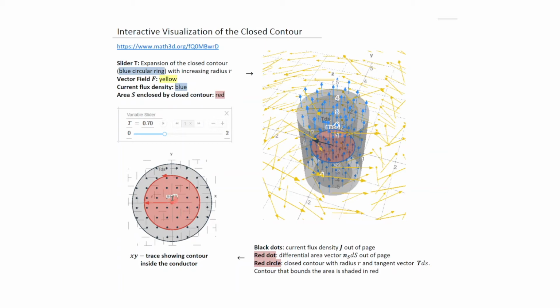So in this case, we would choose n ds to be in the same direction as J. If n ds is in the same direction as J, then again by the right-hand rule, the fingers will point in the direction of t ds. So this is the direction of t ds. The direction of n ds is out of the page. That's consistent with the right-hand rule. And so more or less we're all set to go in terms of doing the calculations.